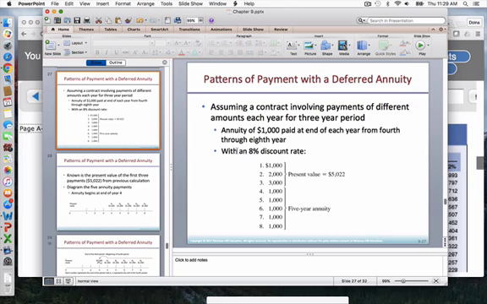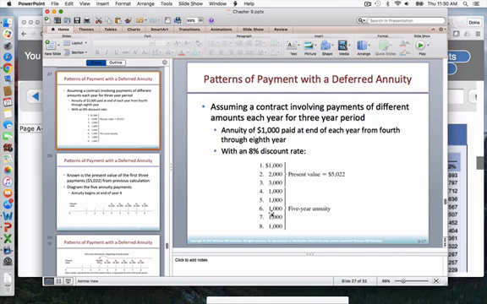But then starting year 4, the annuity of 1,000 is going to be paid at the end of each year, from 4th year through 8th year. So starting here we have 1, 2, 3, 4, 5 years. Annuity of 1,000.